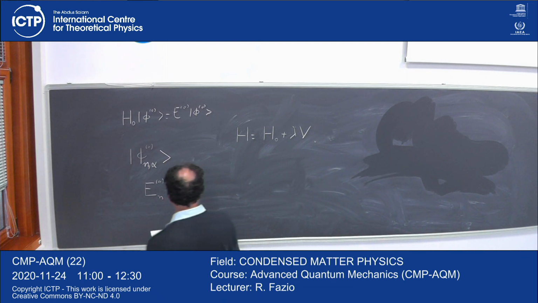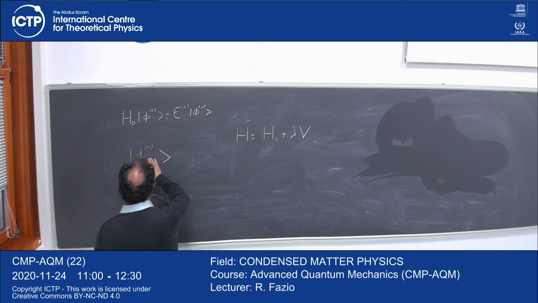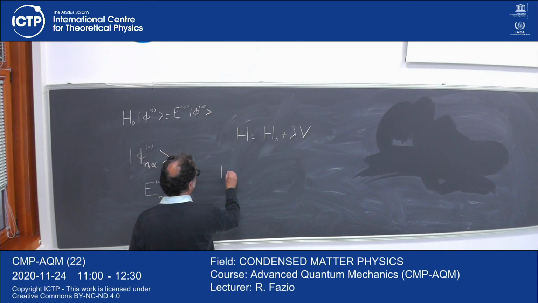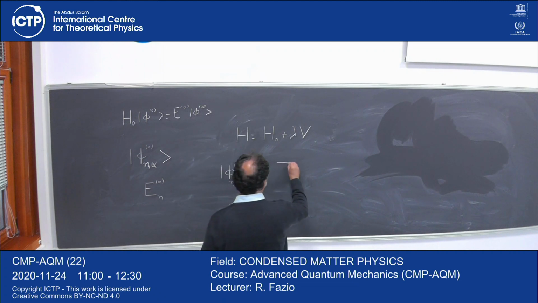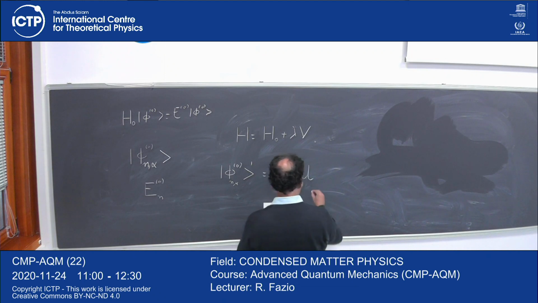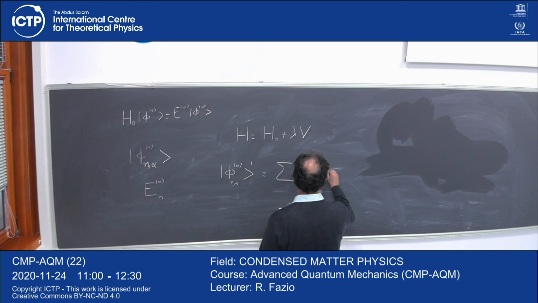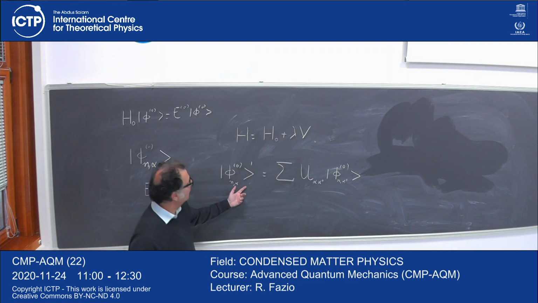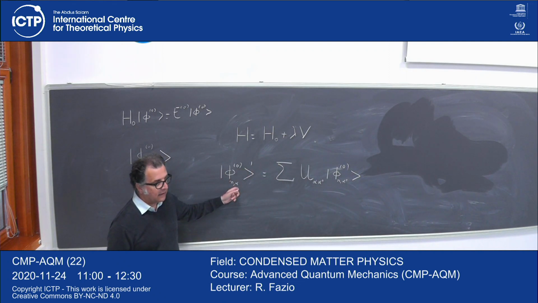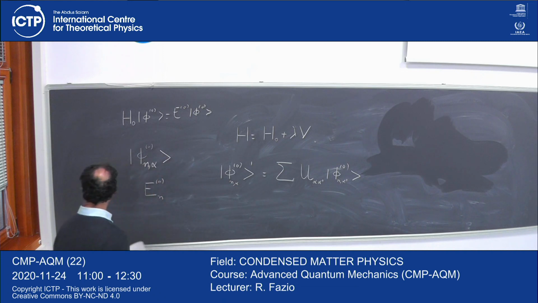So if instead of taking phi 0, I take phi 0 n alpha prime, which is obtained by some rotation in the subspace, this is still an eigenstate of H0 with energy E0n. Okay?